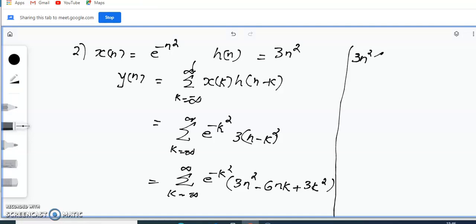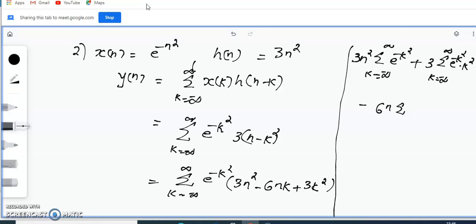That is 3n square into sigma k is equal to minus infinity to plus infinity e raised to minus k square, plus the next term, 3 into sigma k is equal to minus infinity to infinity e raised to minus k square into k square, plus minus 6, and n is a constant, take it outside, n into sigma k is equal to minus infinity to infinity k e raised to minus k square. So this is the answer. This can be written in a single step; I wrote it downward because there was no space. Okay, so that is the answer. It cannot be simplified further. Okay.